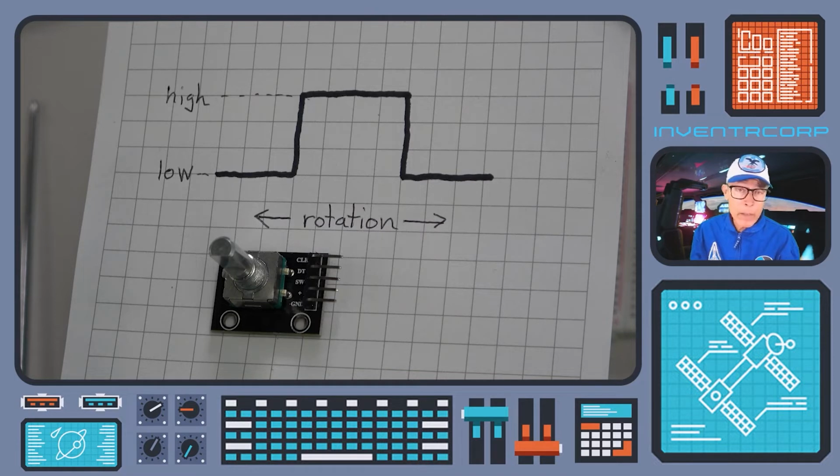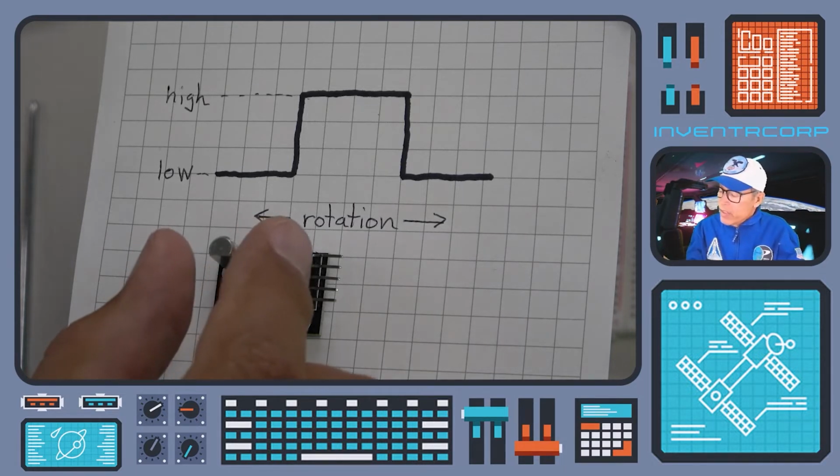But we would like to be able to track whether the rotation was clockwise or counterclockwise. And that's why we need not one but two outputs from our encoder. And that's the reason why we have A and B, or clock and DT. How does that help? Well, the way it works is this.